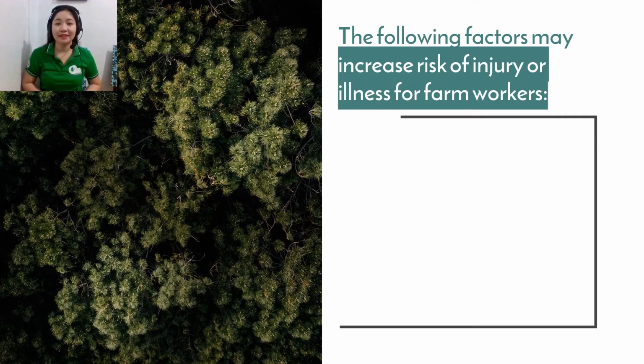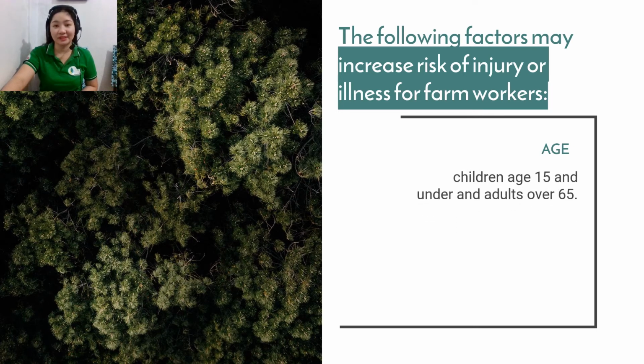Class, let's enumerate the factors that may increase risk of injury or illness for farm workers. The first one is age. Injury rates are highest among children aged 15 and under, and adults over 65. We also have equipment and machinery. Most farm accidents and fatalities involve machinery.